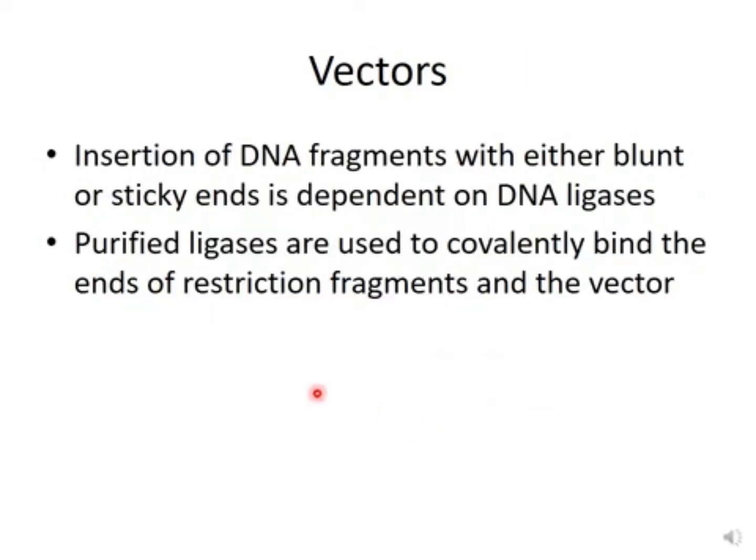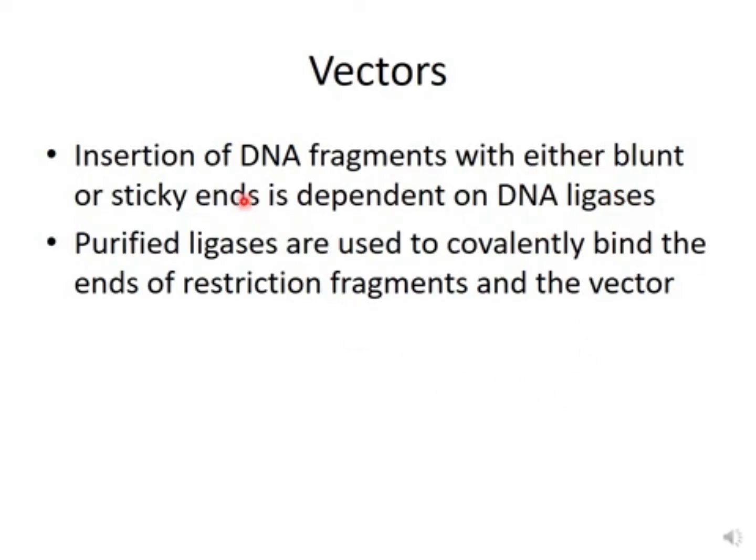The vectors that we mentioned at the beginning of the slide sets are DNA sequences in which we insert DNA fragments. Here we use restriction enzymes to cut both the vector and the DNA fragment of interest. These restriction enzymes are going to result in either a blunt or a sticky end, depending on what restriction enzymes and DNA ligases are available.